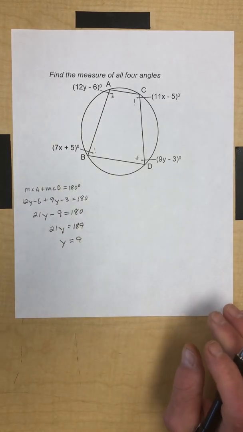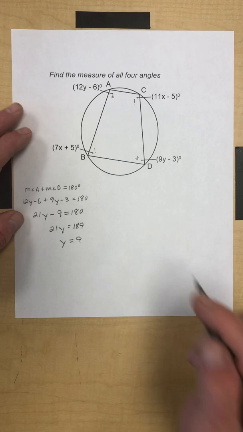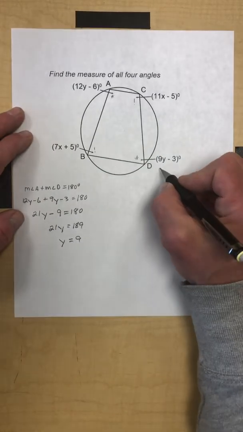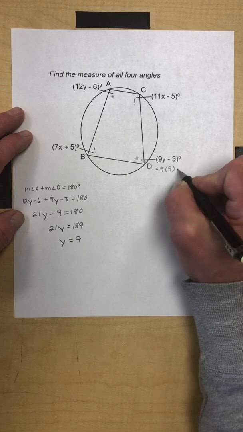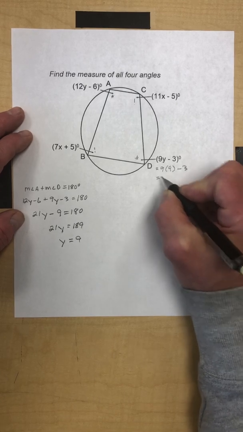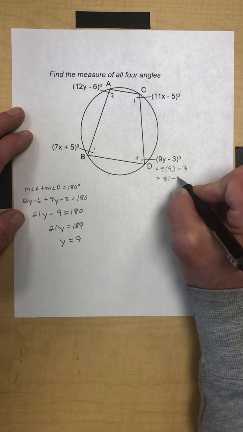Now I can use that to go back and find the measure of angle A and the measure of angle D. Angle D will be 9 times 9 minus 3, so that is 81 minus 3.